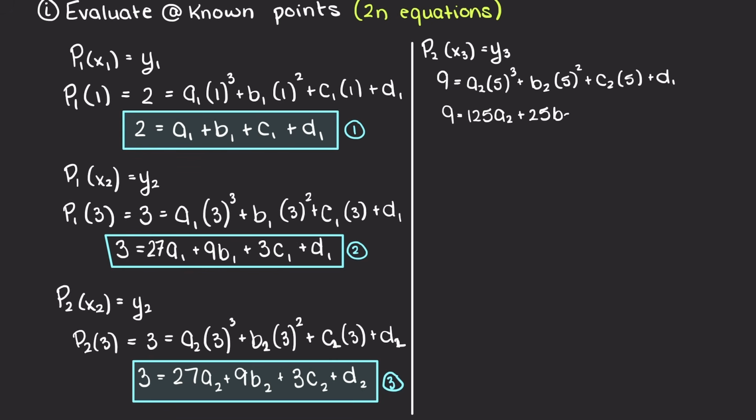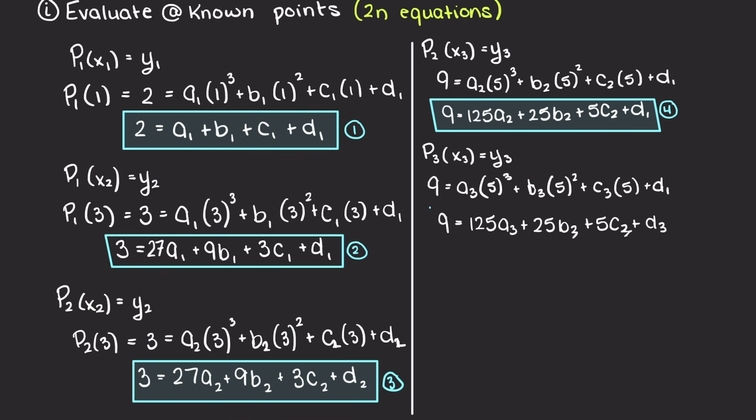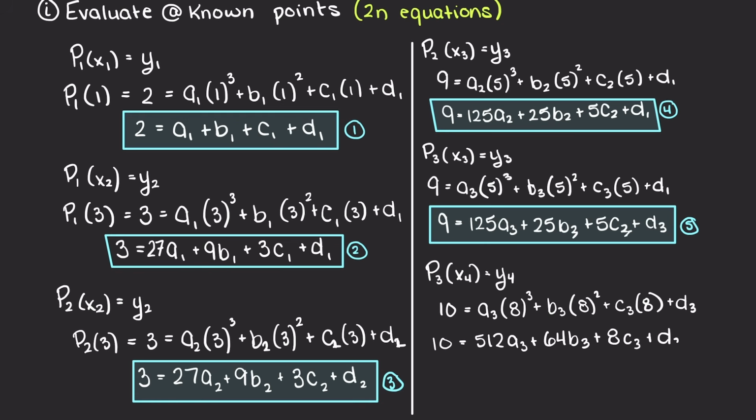P2 will be evaluated at x2 and x3, and lastly, P3 will be evaluated at x3 and x4. As you can see here, this results in 6 of our 12 equations.